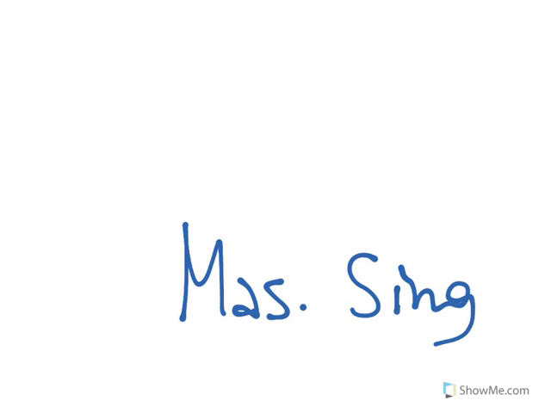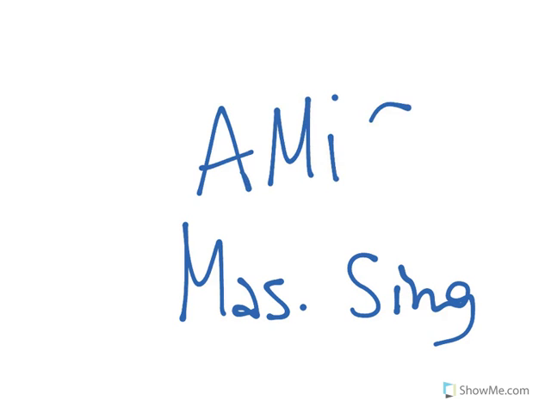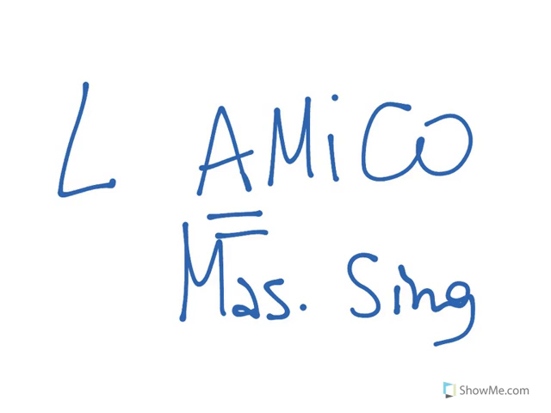At the same time, if we have the word amico, which is masculine and singular and means friend, this noun starts with a vowel, so we will have to use l' in front of it.